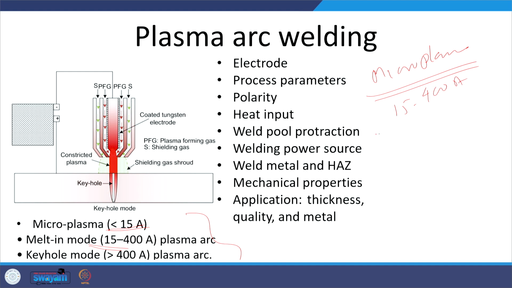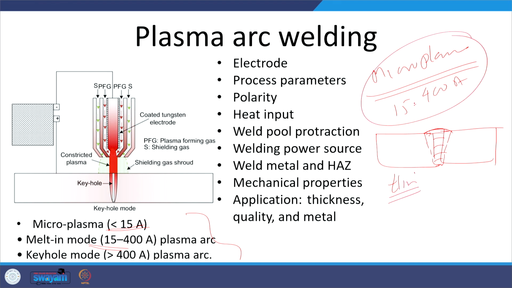So, what is this? In melt-in mode, we just try to melt the faying surfaces and allow them to solidify, and this is particularly suitable for again thin sheet welding. So, microplasma is a low current plasma, but in case of melt-in mode plasma arc welding, the weld joint is produced simply by the melting and solidification of the weld pool.